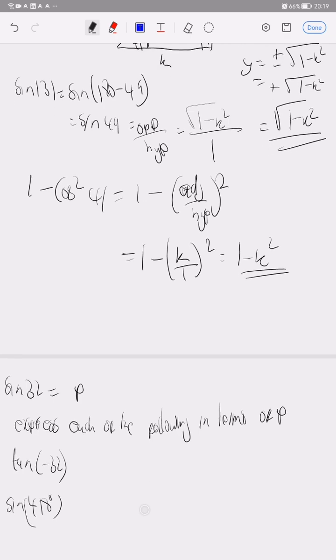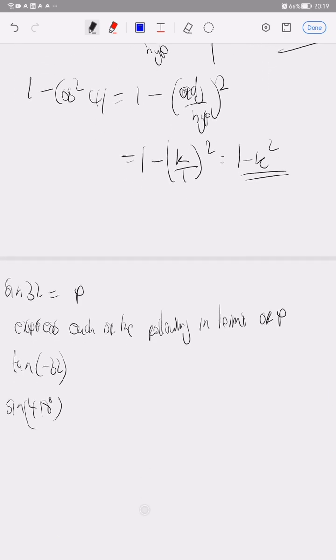Remember, again, we start with a right angle triangle. So I'll put my 32 here. If I'm having 32 here, I should be having 58 here.